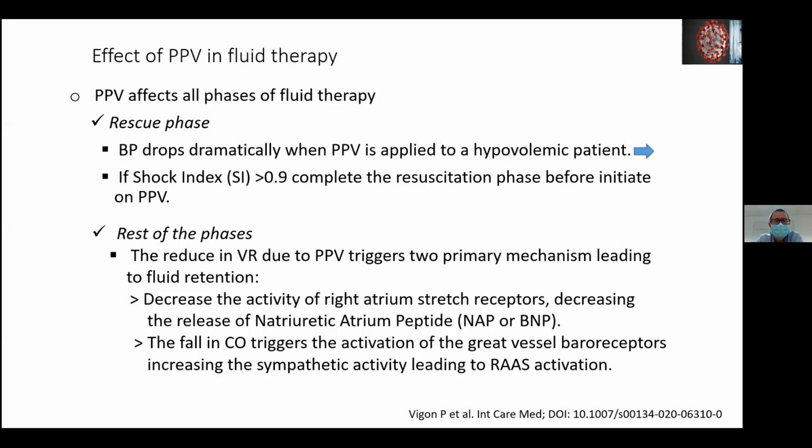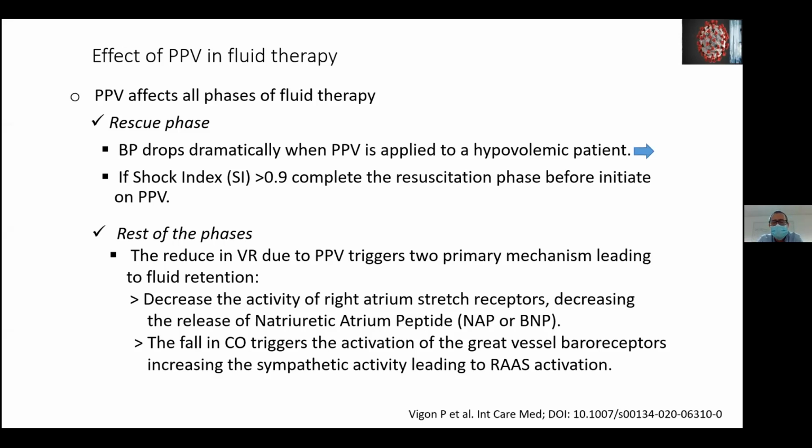In the right atrium there is a sensor that senses what is happening with intravascular volume. That's why in heart failure the right atrium distends and releases natriuretic peptide, and that's why in heart failure you will see that BNP is high.